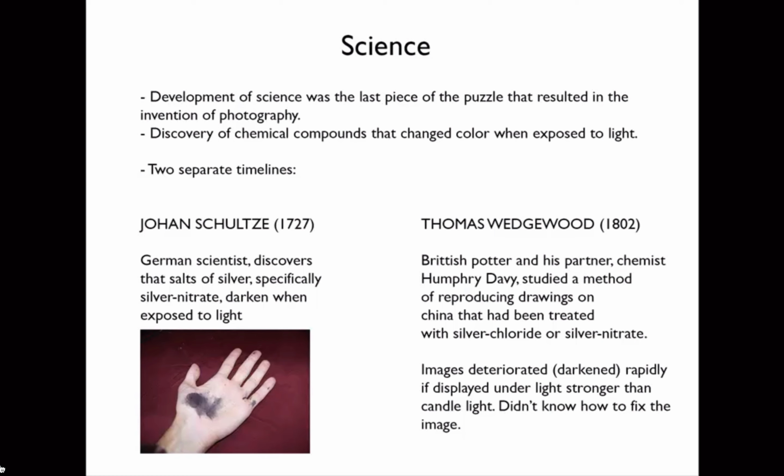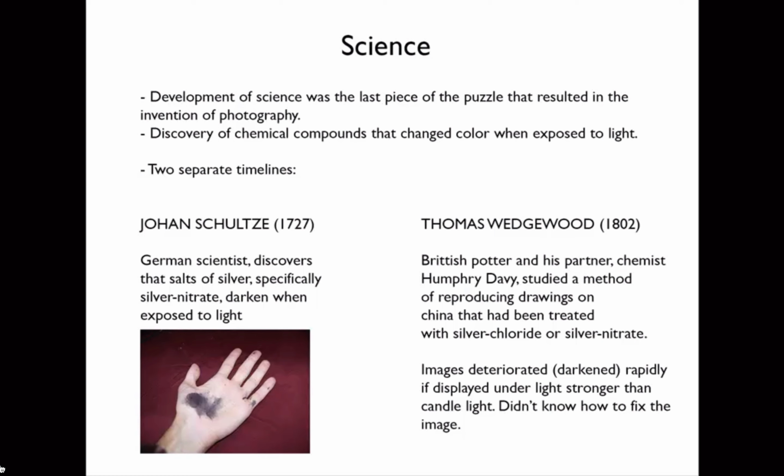On the other hand, in a different timeline, we have a British potter, Thomas Wedgwood, and his partner, a chemist. They were trying to find a way to reproduce drawings on china.